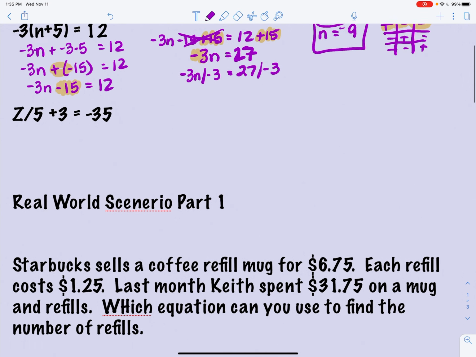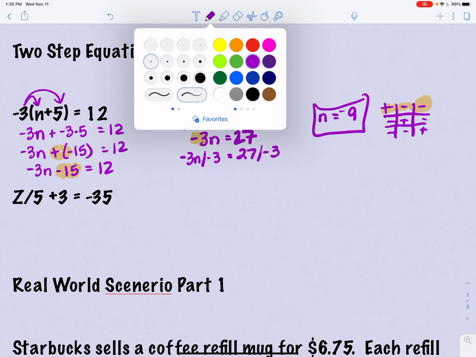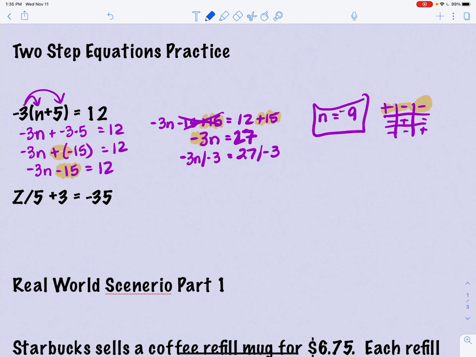Then we have to do the bottom one. This one down here, I'm going to change color so that you can follow it. We are going to move this +3: z divided by 5 plus 3 minus 3 equals -35 minus 3. What I do to one side, I do to the other side. So that eliminates this.